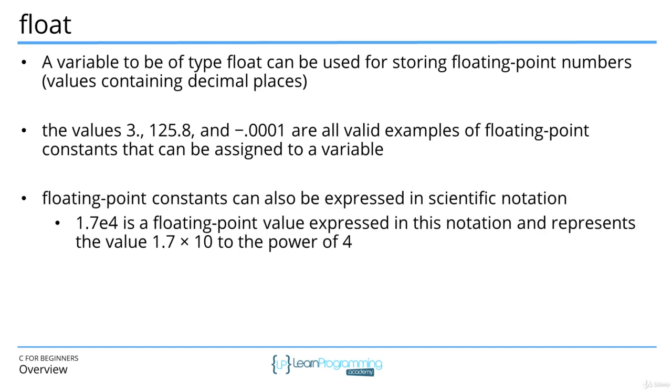There are also floating point constants in C. This can be expressed in scientific notation. So for example, 1.7e4 is a floating point value expressed in scientific notation, and represents the value 1.7 times 10 to the power of 4. So that's 1.7 times 10,000, which would be 17,000.